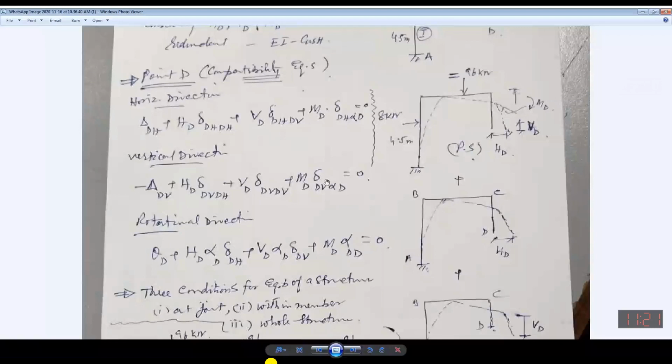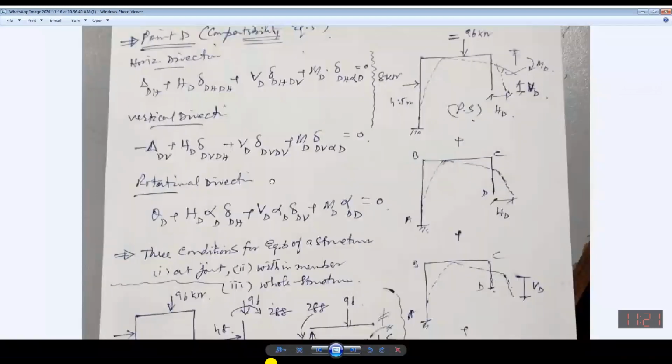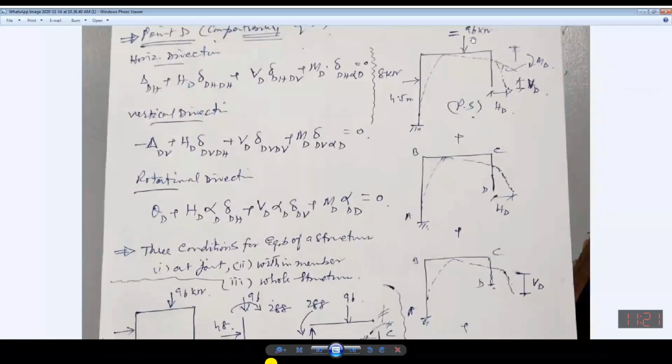Similarly, in the rotational direction, this is the rotation due to applied loading, actual loading. This is the rotation due to HD, this is the rotation due to VD, and this is the rotation due to MD. So these three conditions of equilibrium and compatibility will give you three equations, and these three equations will be solved simultaneously, and ultimately you will get all the relevant parameters.